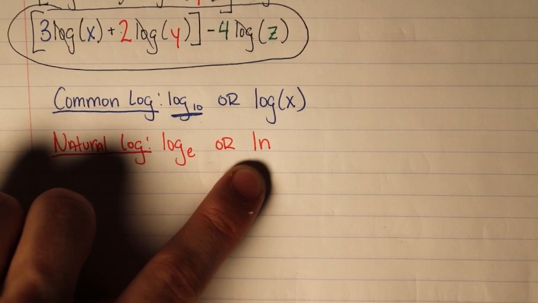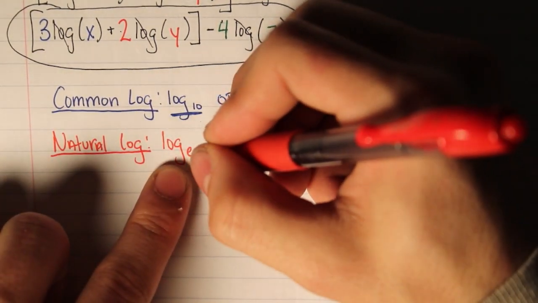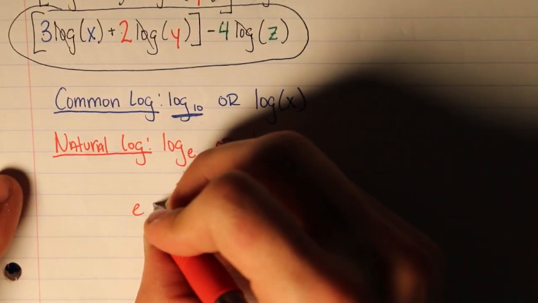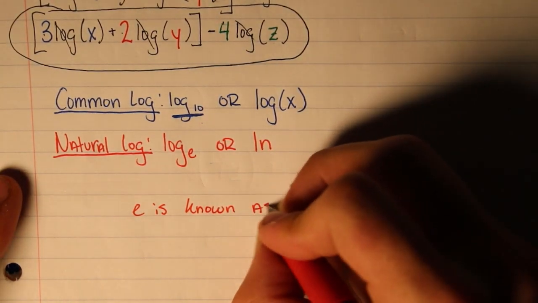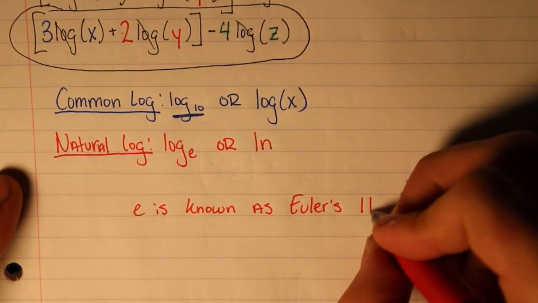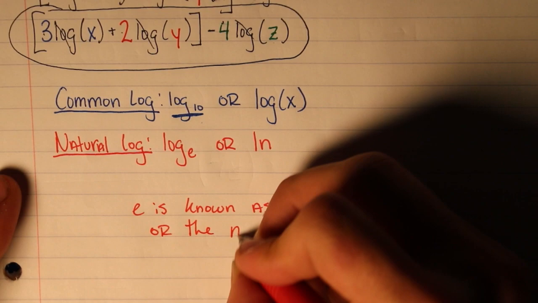You have an n, it means it's natural, and if it's natural, you have an e. E is known as Euler's number or the natural number.